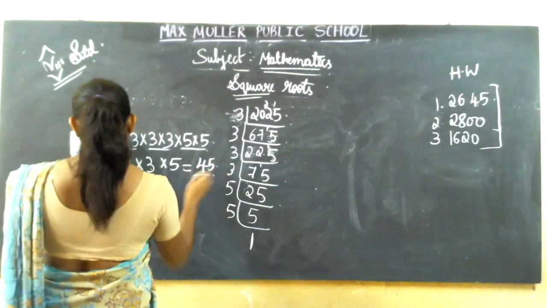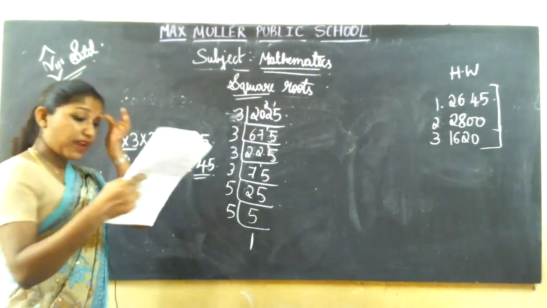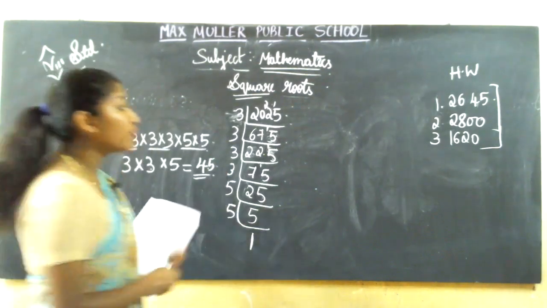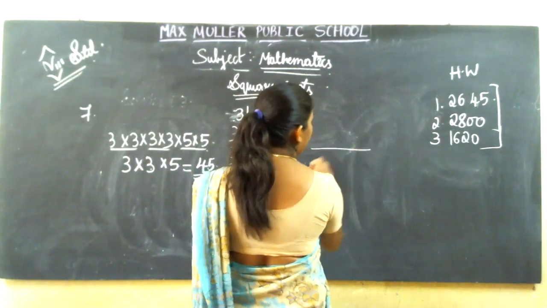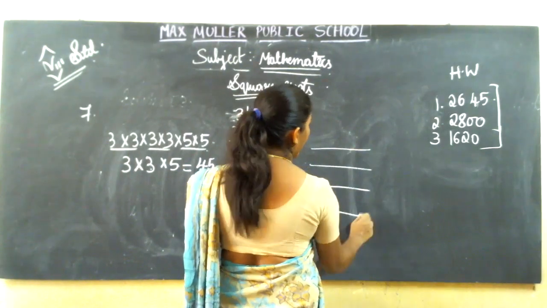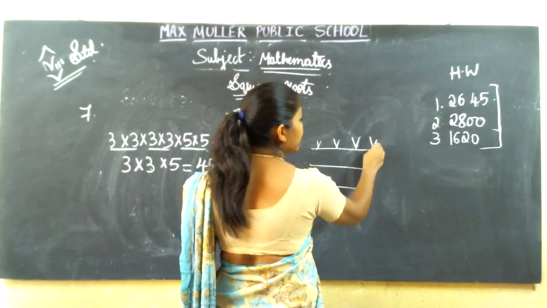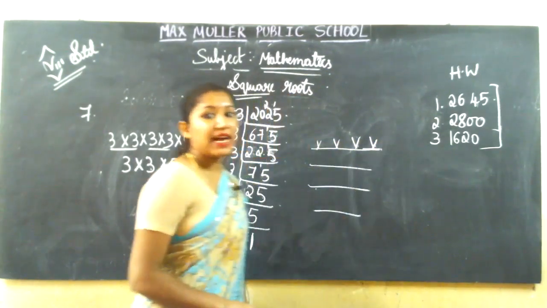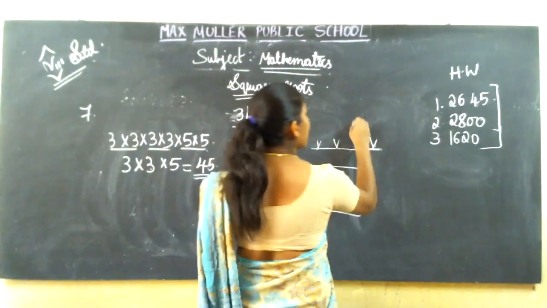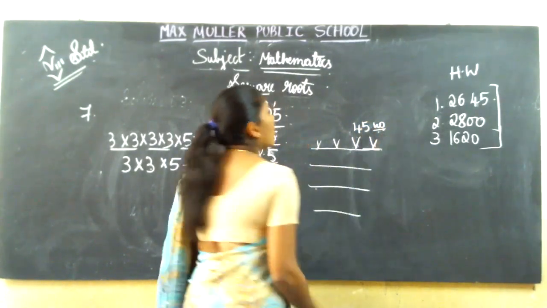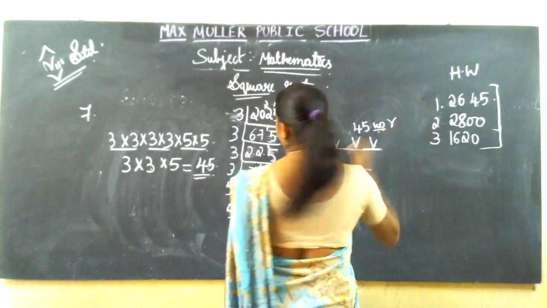There are 45 rows and number of plants in each row is 45. See, there are 45 rows like this, and each row has 45 plants. Understood? Each row has 45 plants.